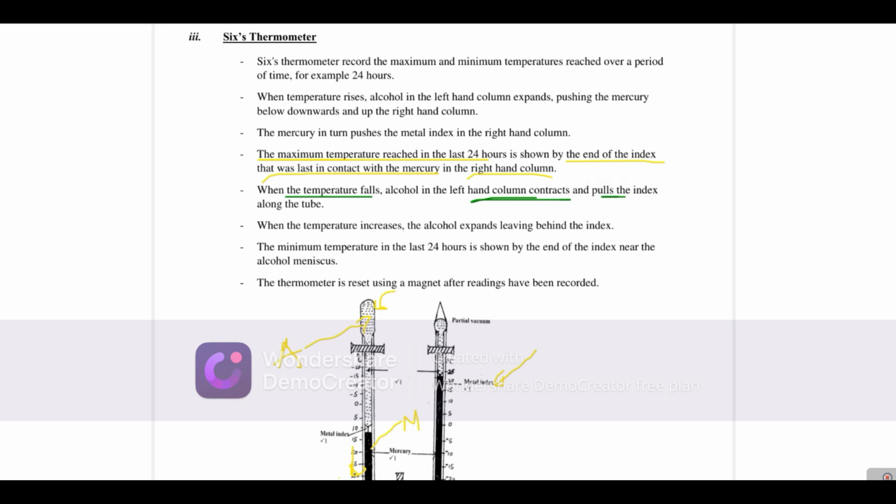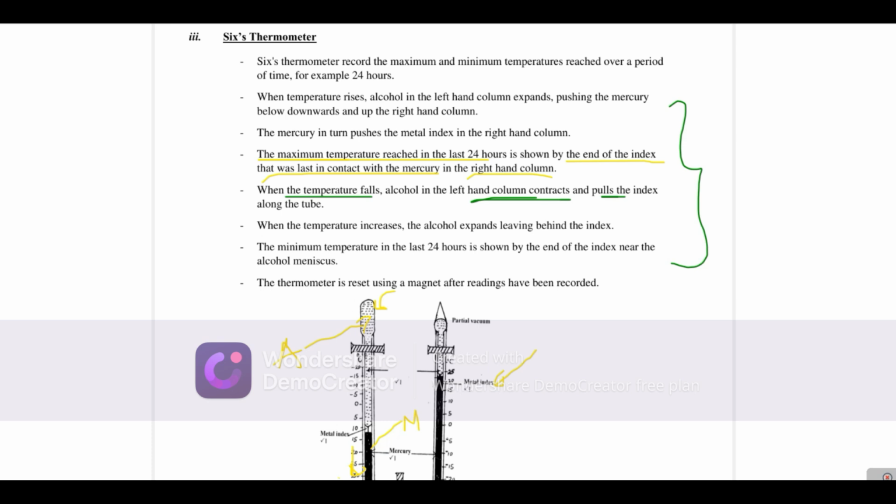So this part is the main point about how the Six's thermometer works. When the temperature increases, the alcohol expands, leaving behind the index.